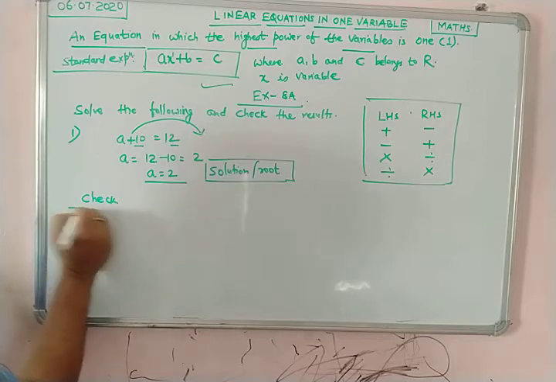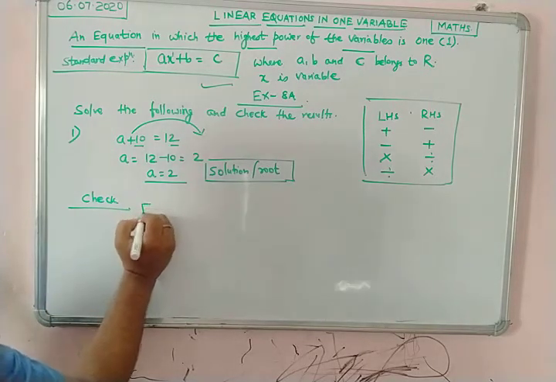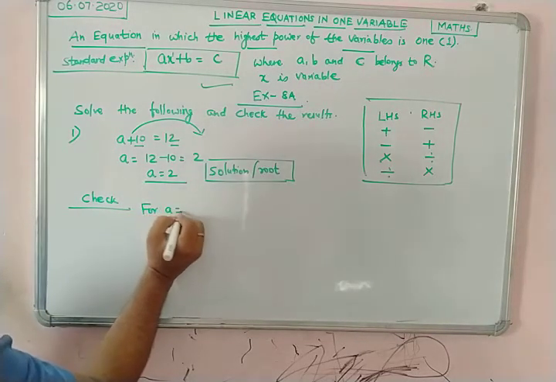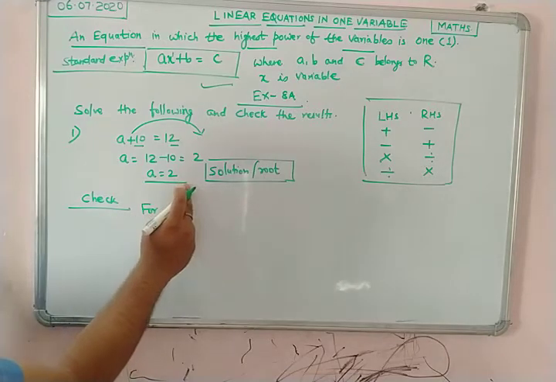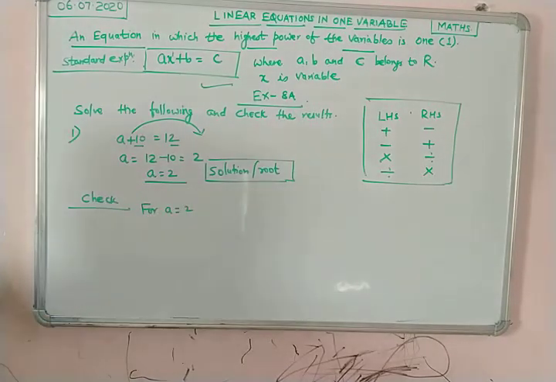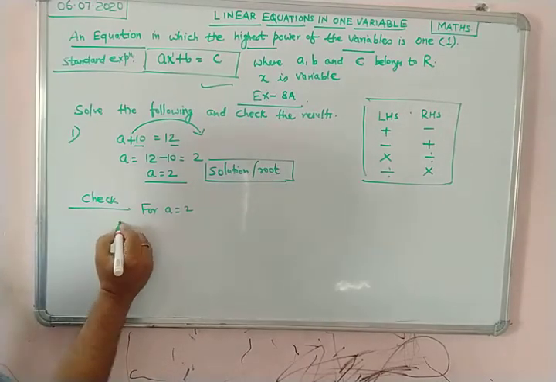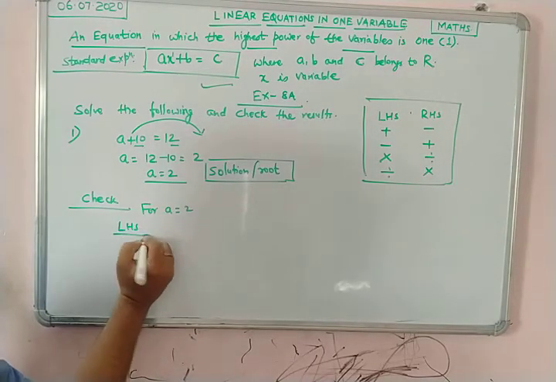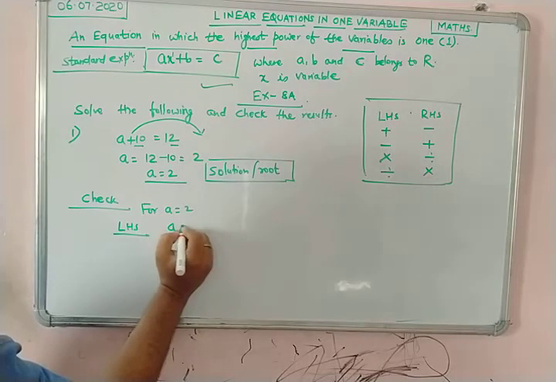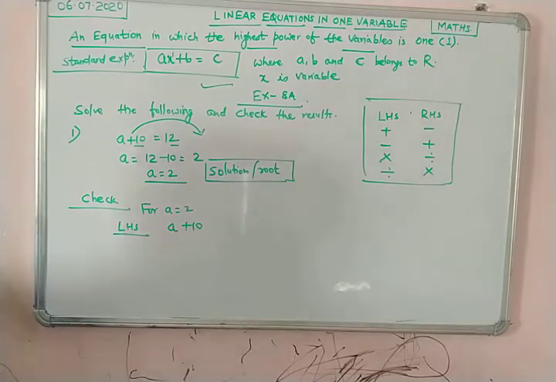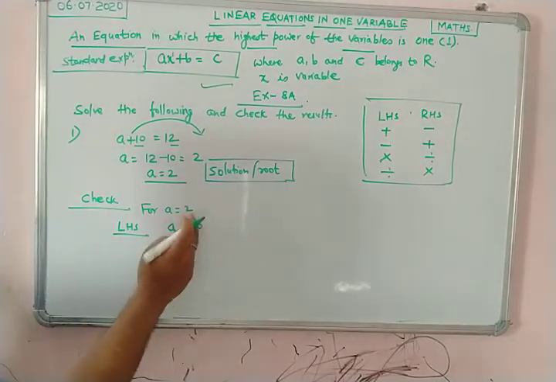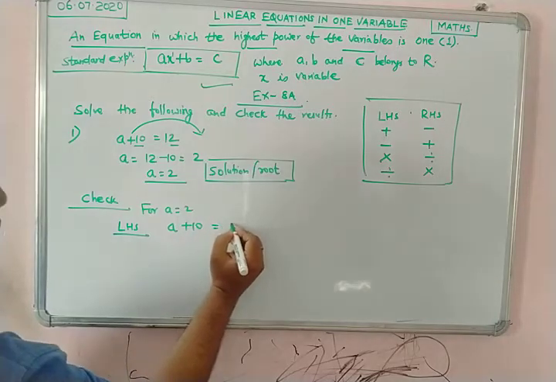Check. For which value? For A equal to 2. Whatever value we have obtained, for A equal to 2, we will verify. Now LHS, what is in LHS? A plus 10 is the expression given. Instead of A, we will substitute 2.